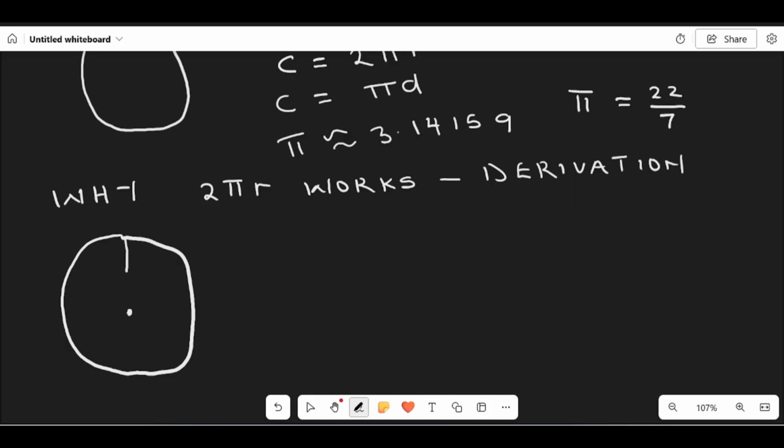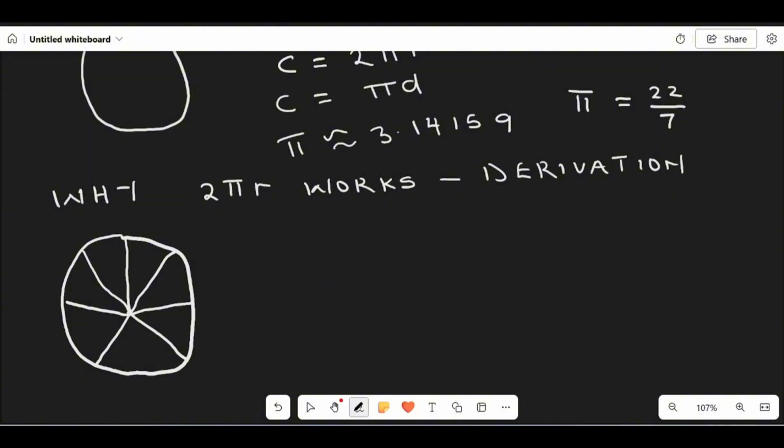Let us say we cut it into smaller sectors of equal size. Each slice has height equal to the radius of the circle and curved edge, a smaller part of the circle circumference.